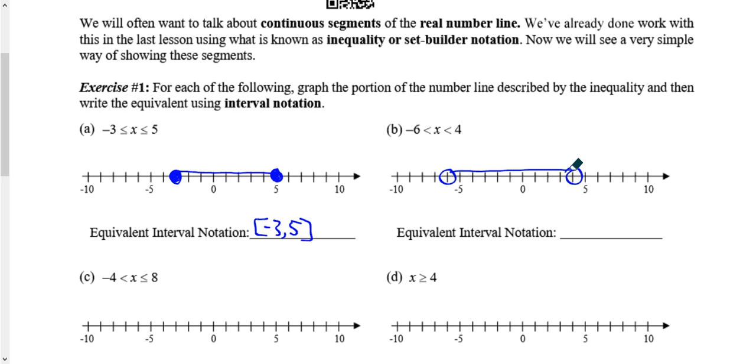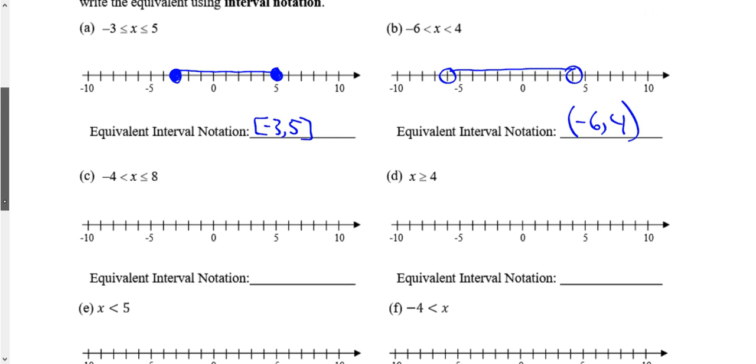Now give me the interval notation. Yep, -6, comma, 4. You know that's not an ordered pair, right? How do you know that is not indicating an ordered pair? Nowhere on this page are there any graphs of ordered pairs, right? It's context.